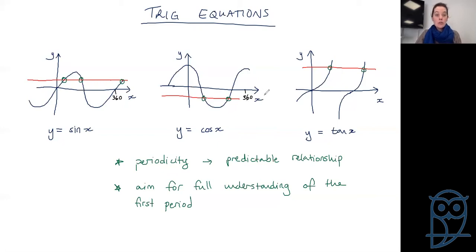So our period for cos would be 360, or 2 pi if we're working in radians. When it comes to tan, all the way up, then all the way down, all the way up, this is happening in only 180. So 180 degrees or pi radians would be our full period for tan. So your period depends on what it is that you're looking at.